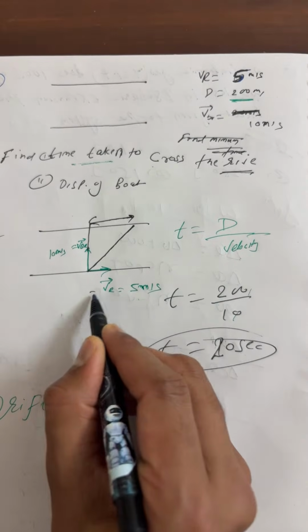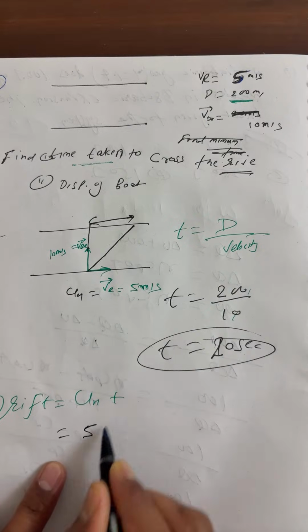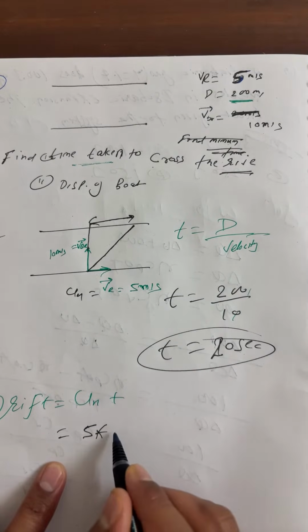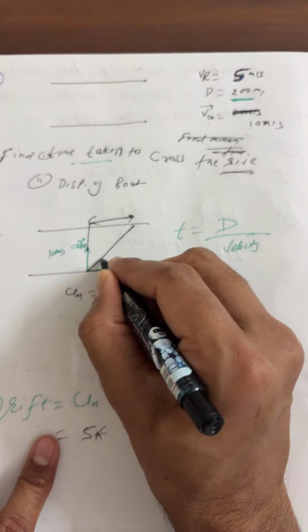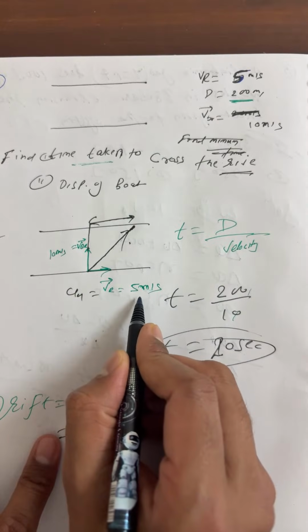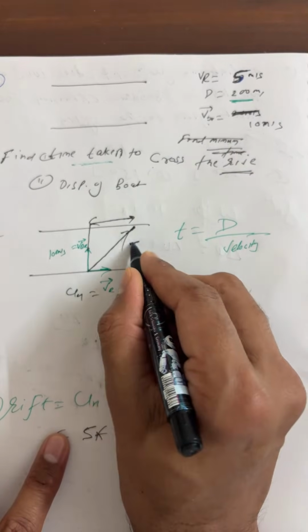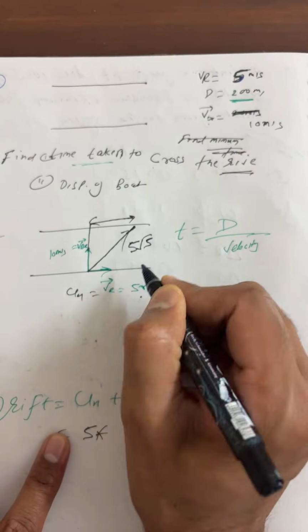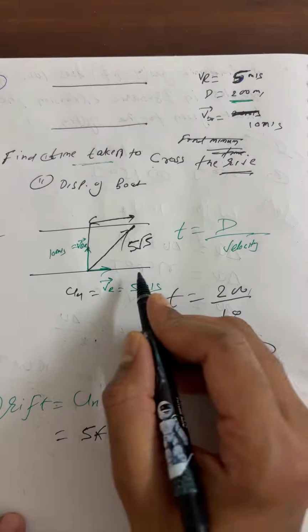Both velocities are at 90 degrees, so net velocity is root of a square plus b square plus 2ab cos theta, that is root of 100 plus 25, which is 5 root 5.